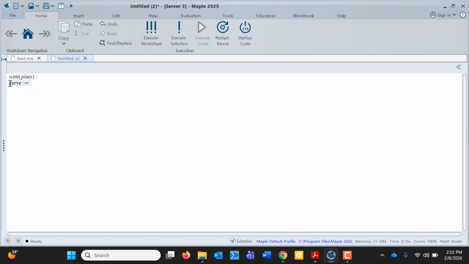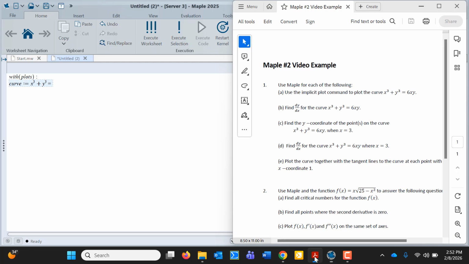So this rule was x raised to the third plus y raised to the third equals, and then remember, this is asking for 6xy, which is implied to be 6 times x times y.